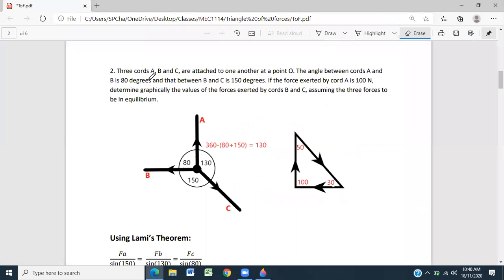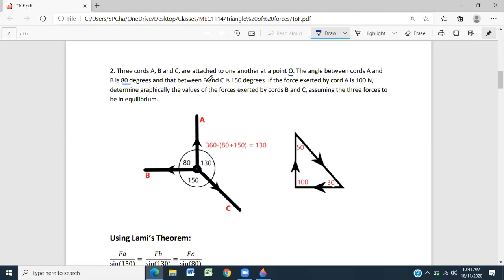So 3 cords, A, B, and C, are attached to one another at a point O. This point O. The angle between cords A and B is 80 degrees, right?